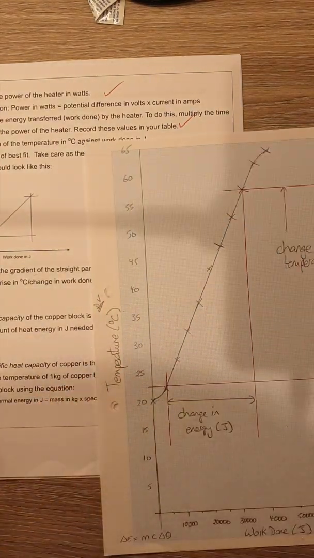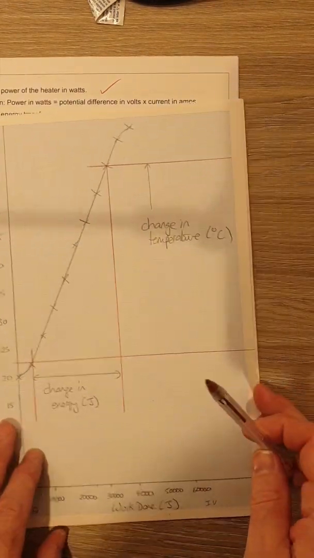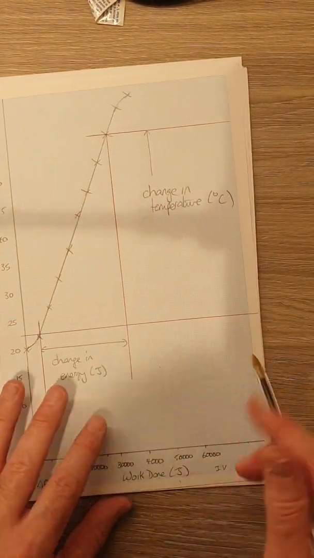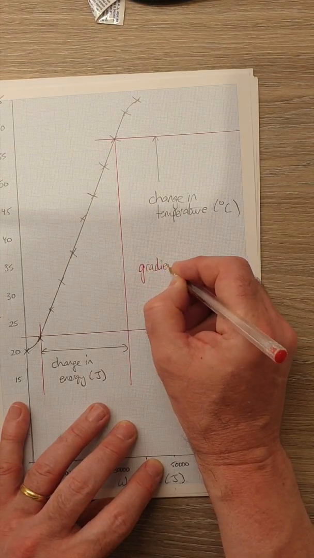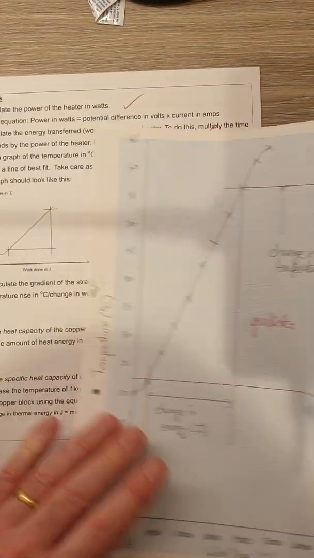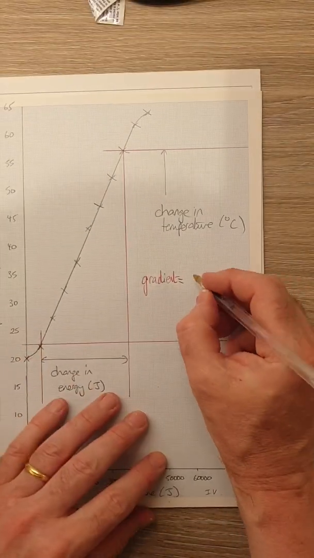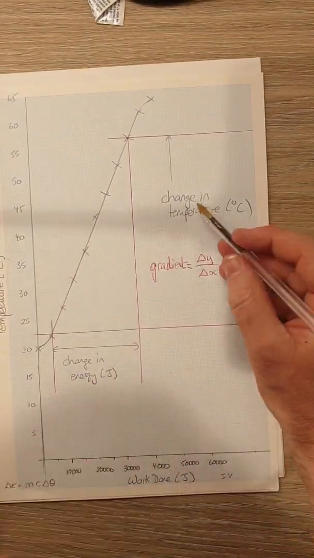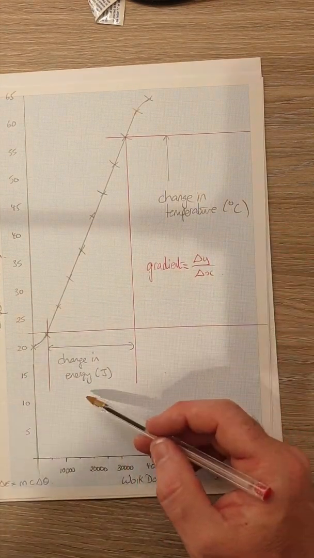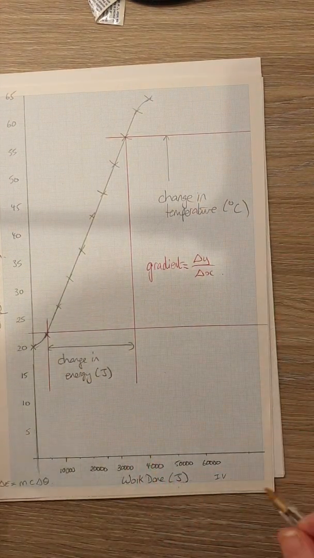We know from maths that the gradient is equal to the change in y over the change in x, so that's equal to the change in the temperature divided by the change in energy.